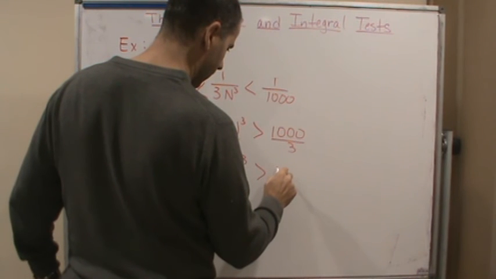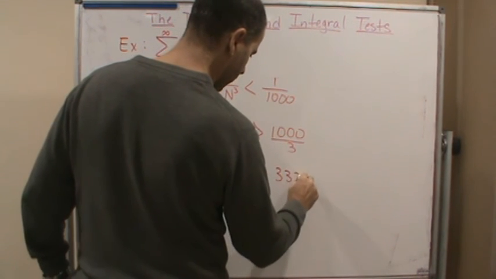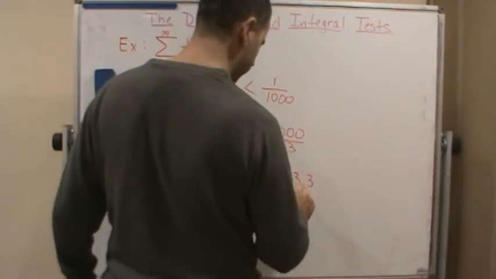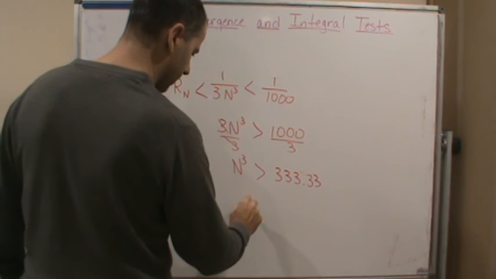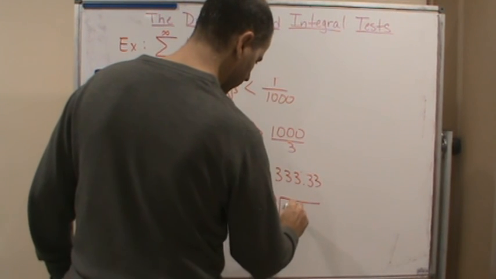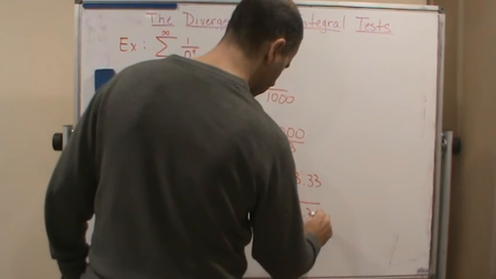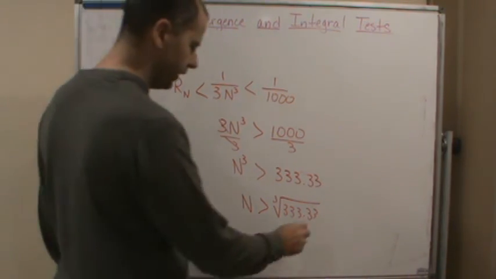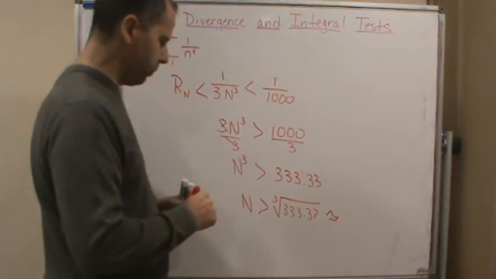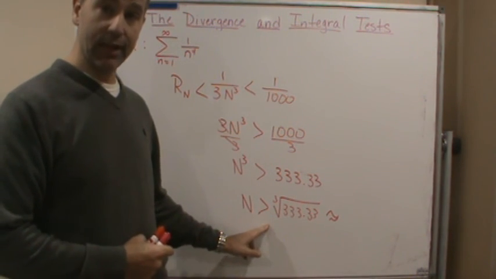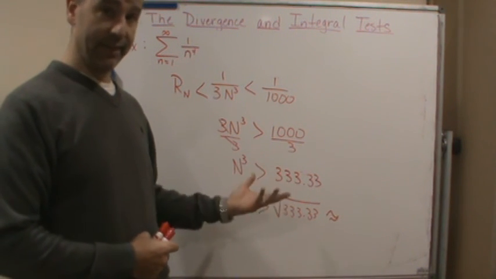I get 333.3 repeating, so we'll just use 333. And then I'm going to take the cube root of both sides, so I know n has to be bigger than the cube root of 333, right? And so this you can just get in your calculator, and whatever decimal you get, you want to round up to the next integer, and then that's going to be your n value.